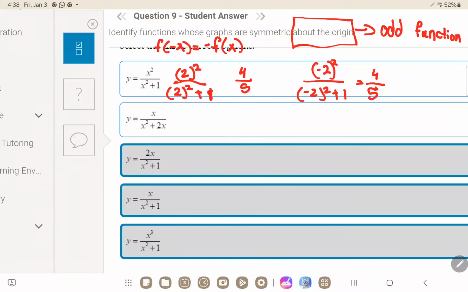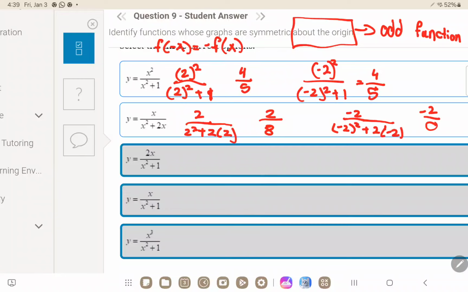Now let's try it with this one. 2 over 2 squared plus 2 into 2. You get 2 over 8. If you do negative 2, so negative 2 over negative 2 squared plus 2 into negative 2, you get negative 2 over 0.